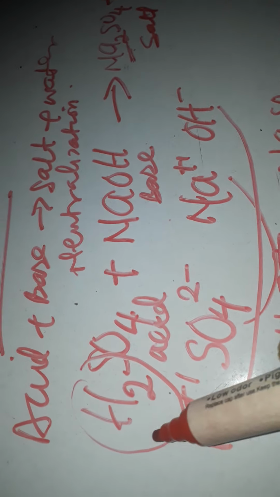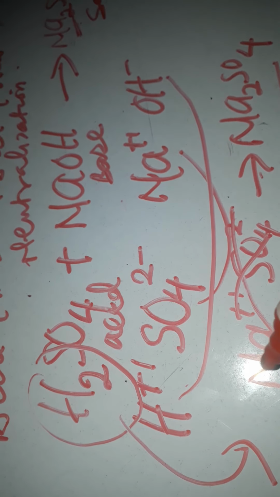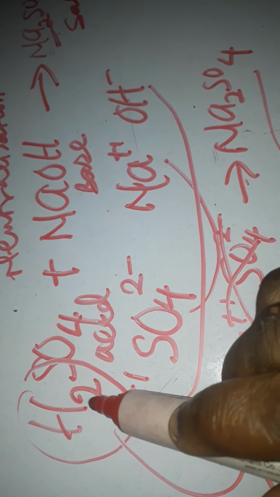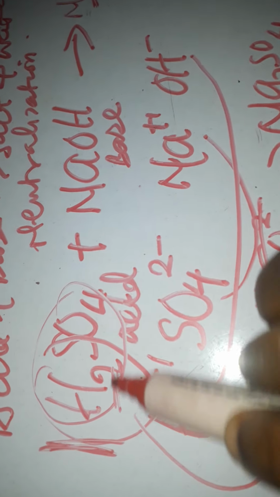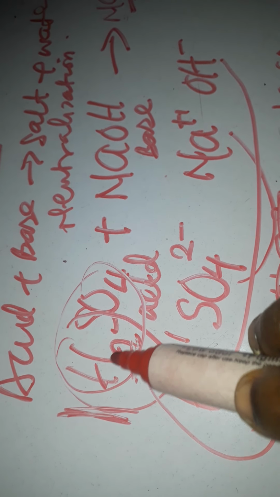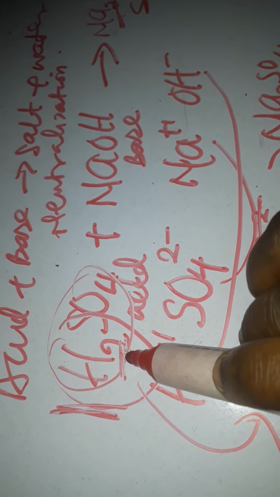Recall the definition of basicity of an acid: the number of replaceable hydrogen ions in 1 mole of that acid. One mole of tetraoxosulfate VI acid contains 2 hydrogens, so the basicity of H2SO4 is 2.